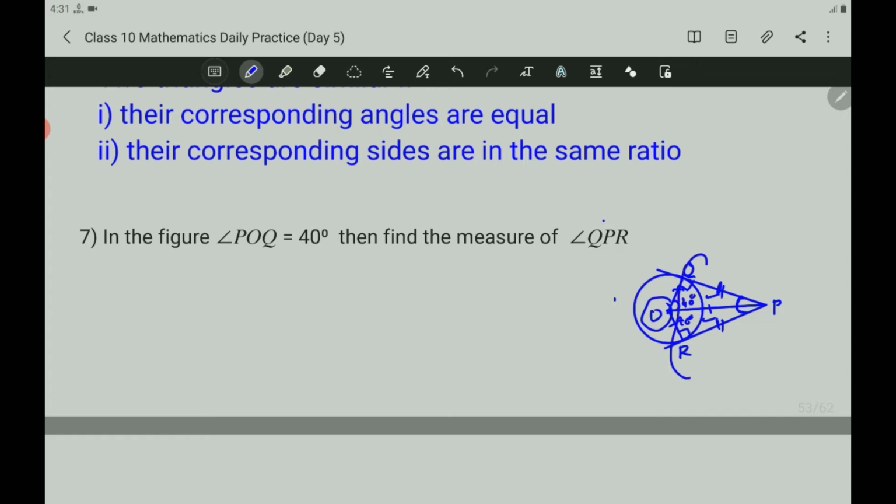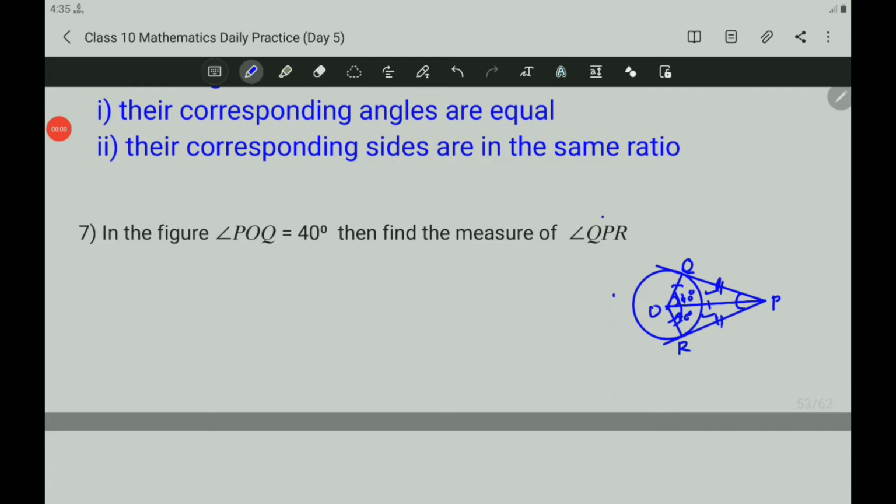As the sum of these two angles is 90 degrees, the measure of angle QOR is 80 degrees. Therefore, 180 minus 80 degrees is equal to 100 degrees.